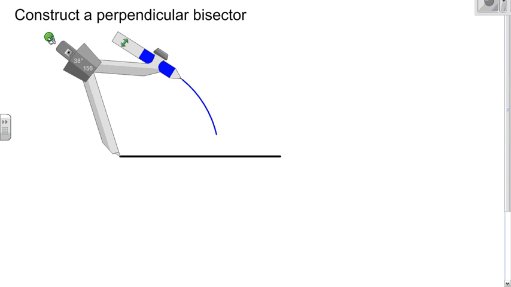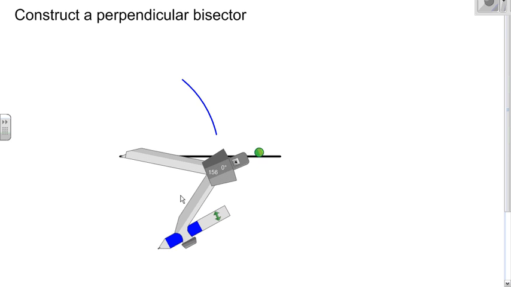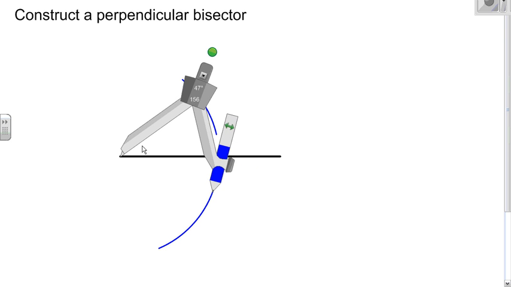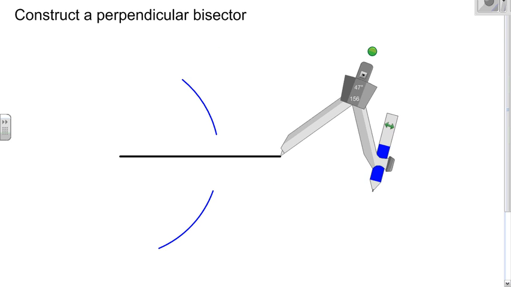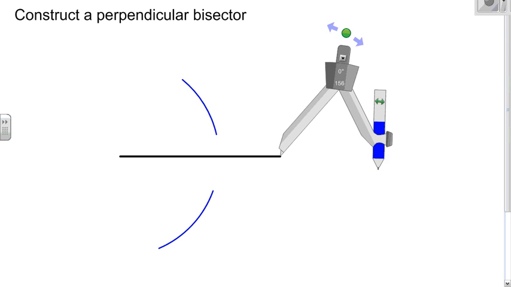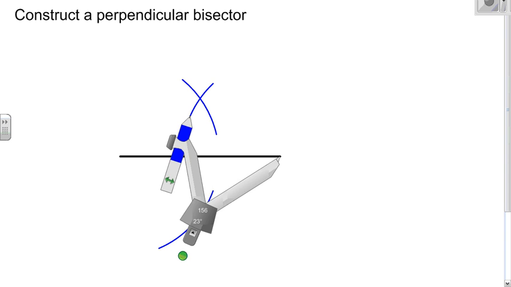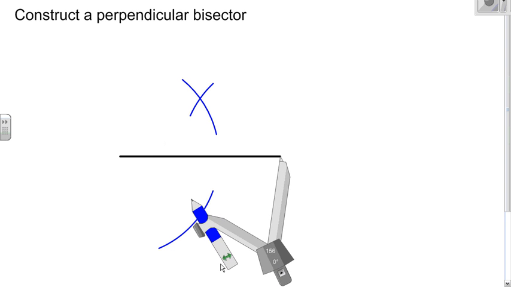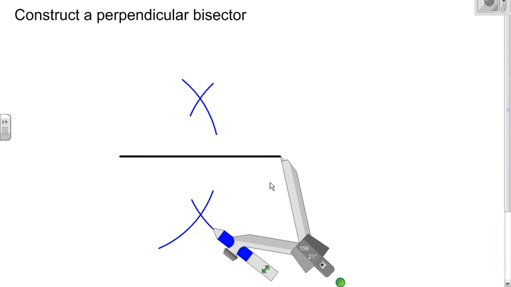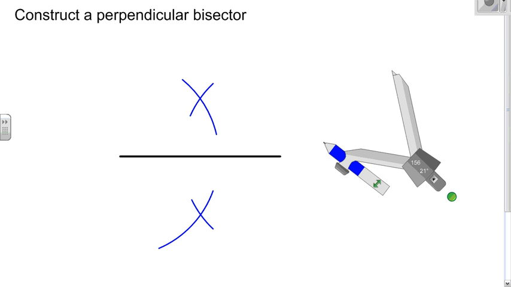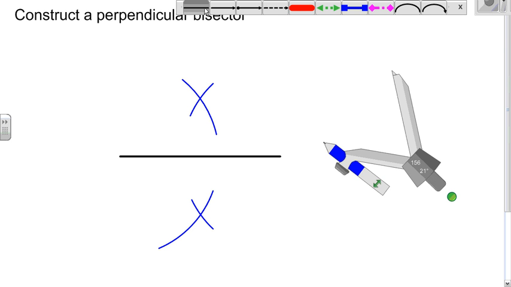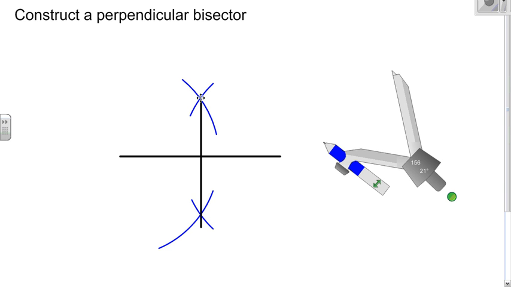Then make your marks both above and below, and then do the same thing from the other endpoint. And make sure you mark the intersection. And if you draw the line that connects the intersection of your arcs, that is a perpendicular bisector.